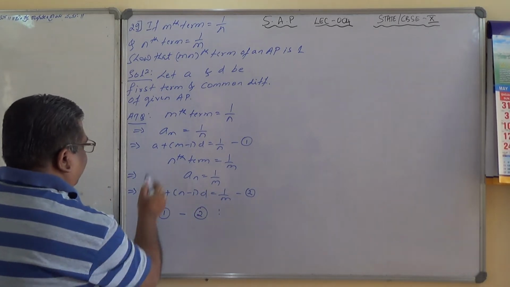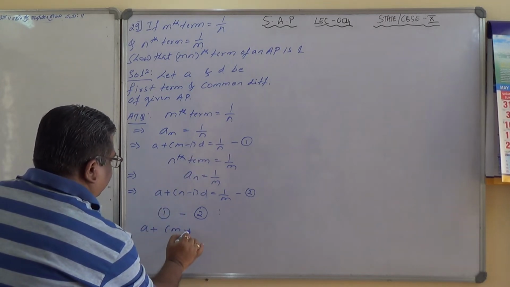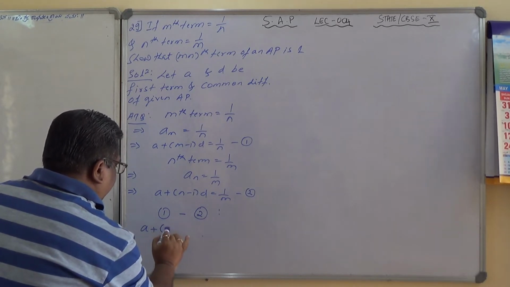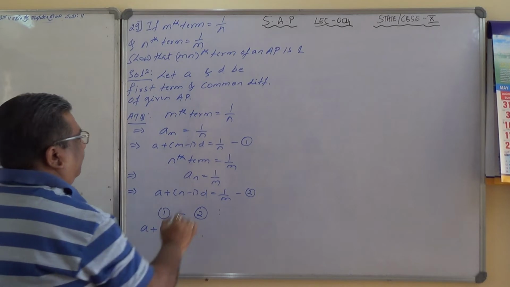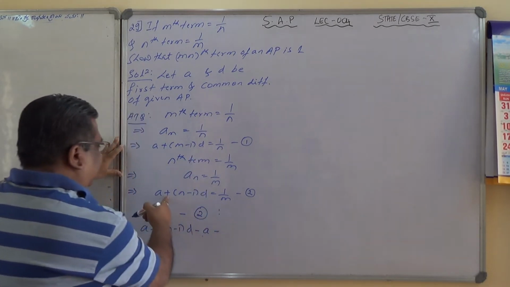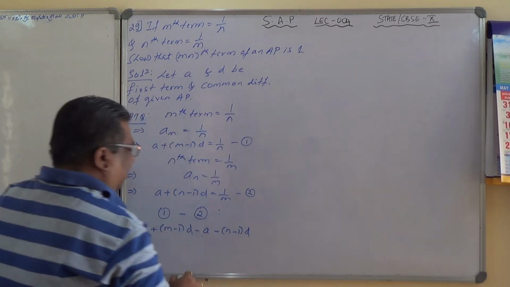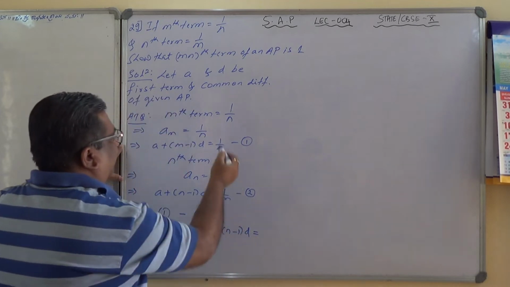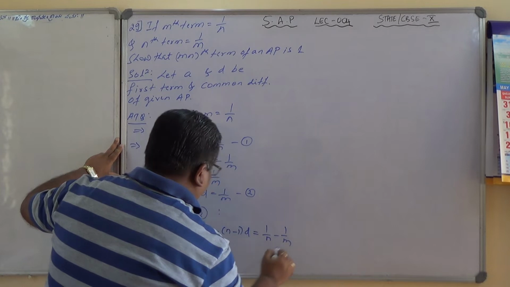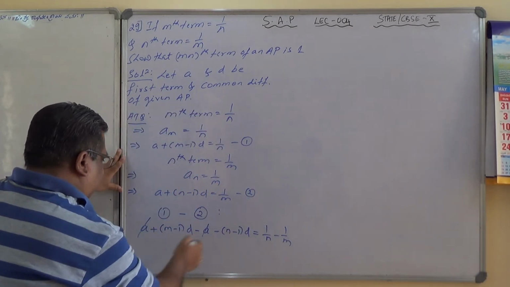Okay. So let me write down a plus m minus 1 times d, minus of a plus n minus 1 into d, equals 1 by n minus 1 by m. I am using the horizontal method, not the column method. So this a cancels. What is common out of these two? D is common.